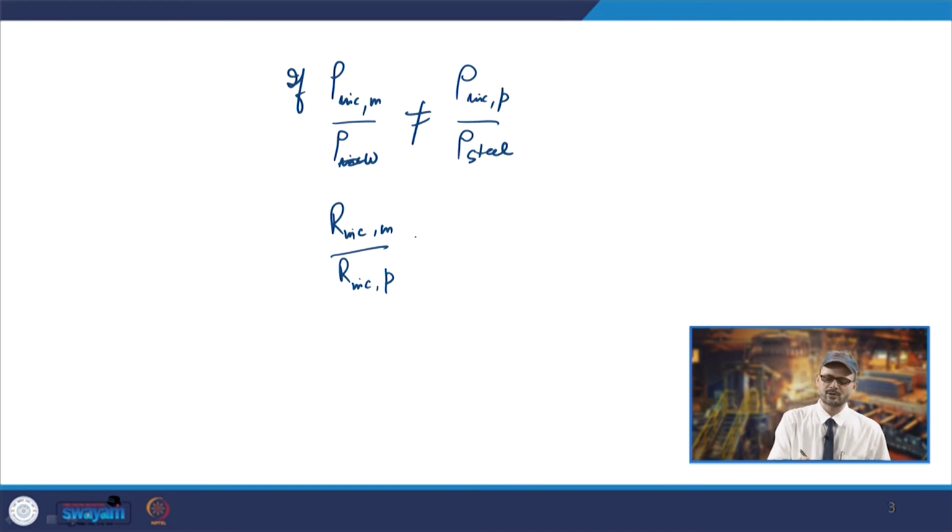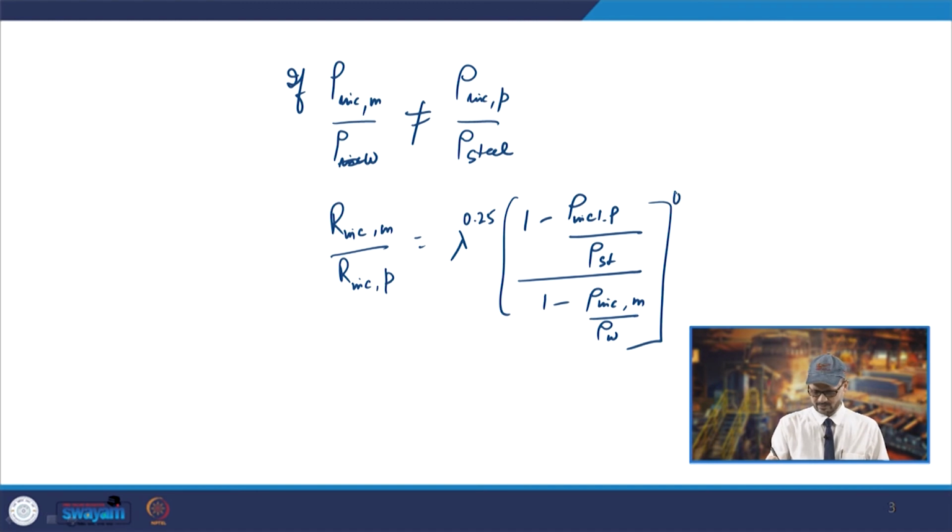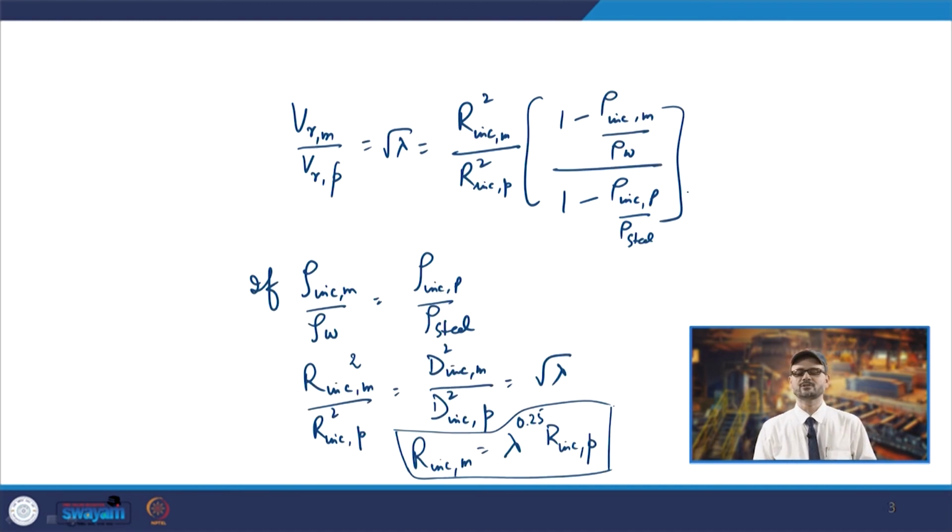So, that will be basically lambda raised to the power 0.25, because you will be taking the square root on both the sides, and you will have 1 minus rho inclusion prototype divided by rho steel, and divided by 1 minus rho inclusion model by rho water, and then you get this raised to the power 0.5. That is what you can have.